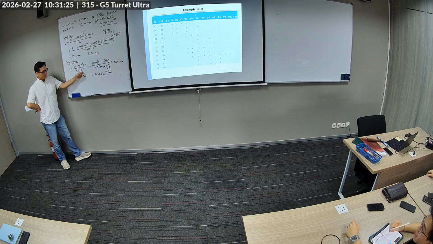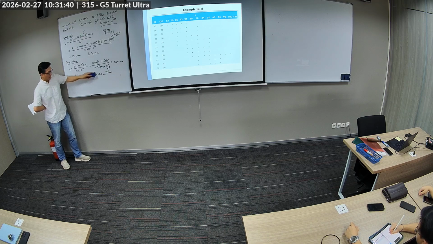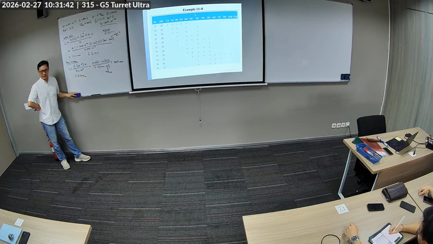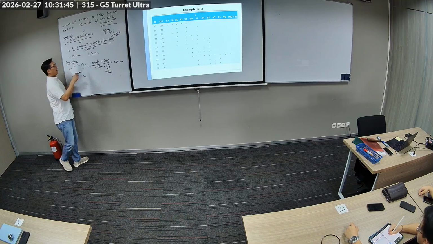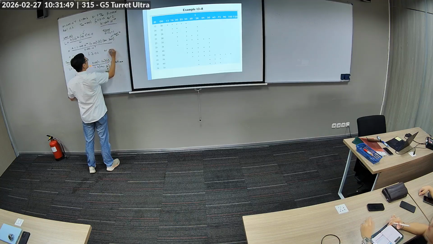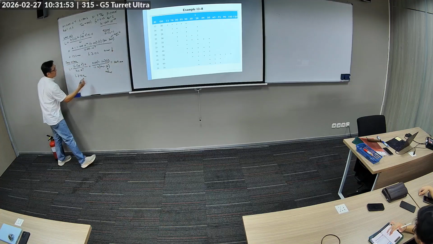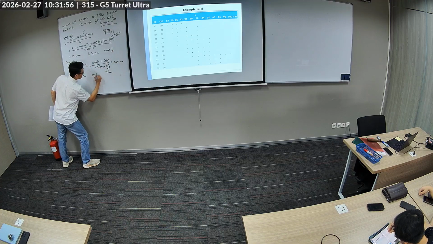You move this here, L comes out, you divide by L, and so delta T decreases when L is big. And so you want this. Does that make sense? So you want L greater than 38.4 because you want delta T to be less.